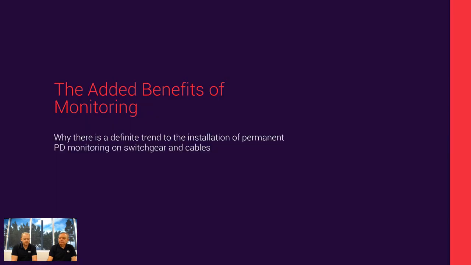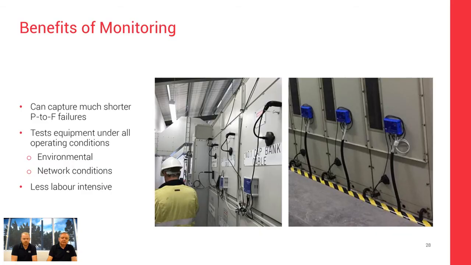So what does monitoring give us in terms of benefits? It's permanently there, so it gives us better capability of detecting those short P2F failures. It's also there under different environmental conditions and different network conditions, and of course it's less labor intensive.